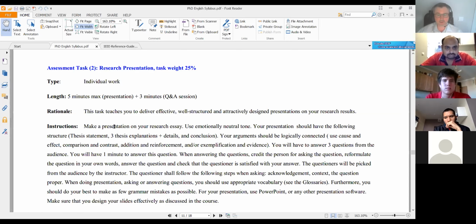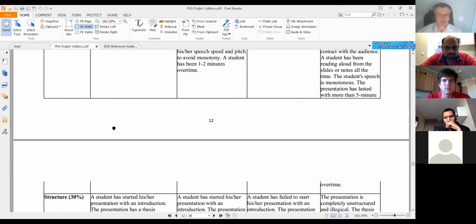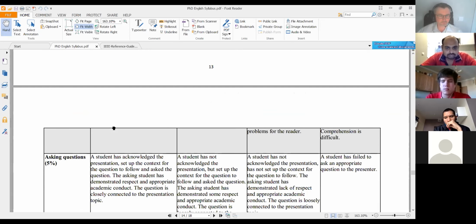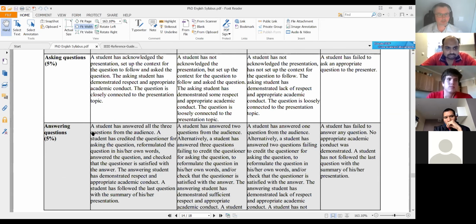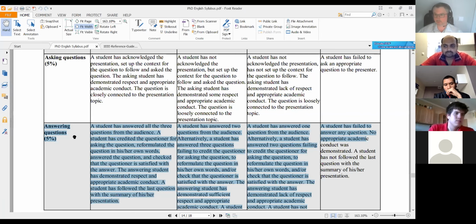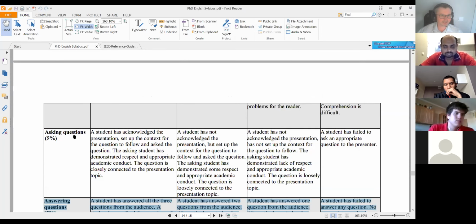Because if you take a look at the grading rubrics, you will see the last but one, asking questions.